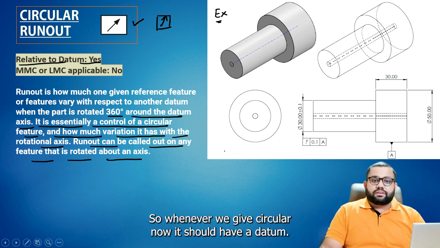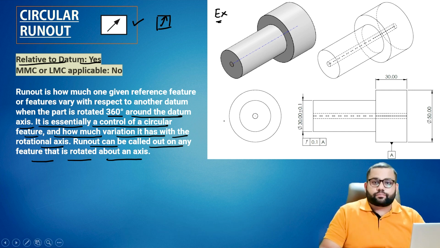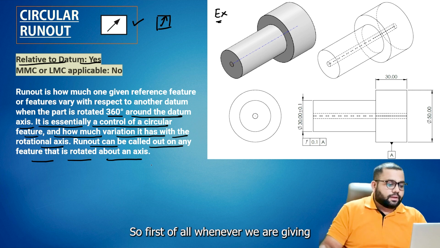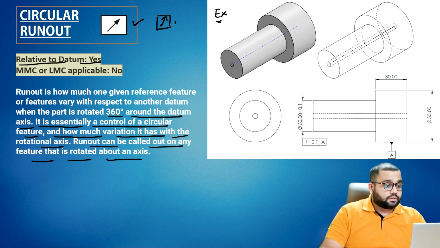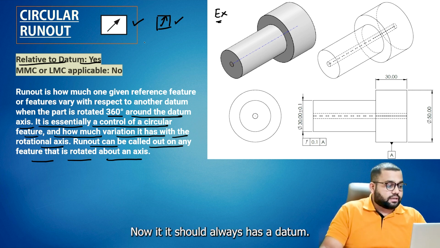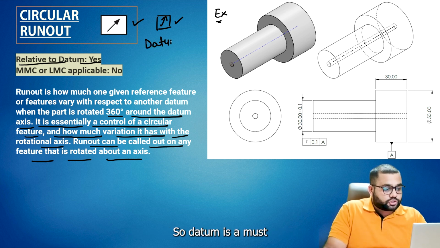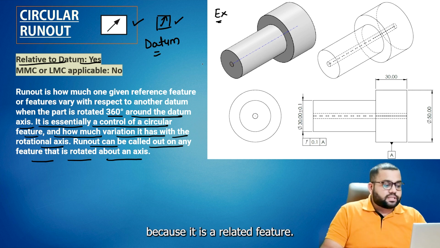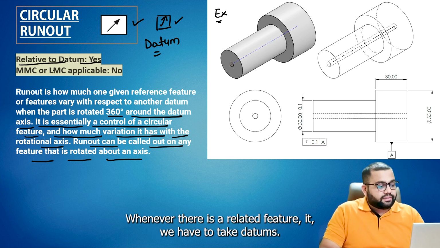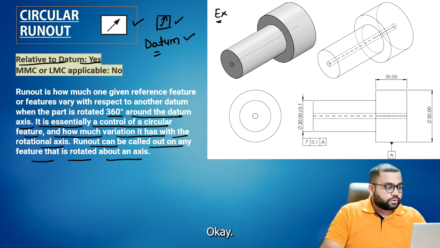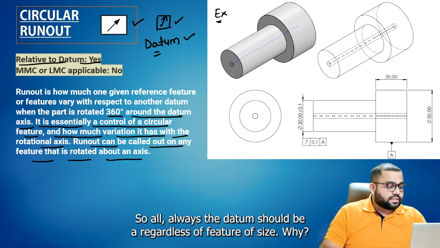Whenever we give circular runout, it should always have a datum. The datum is a must because it is a related feature. Whenever there is a related feature, we have to take datums. The datum should always be regardless of feature of size.